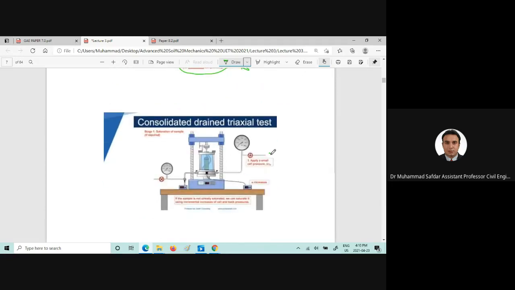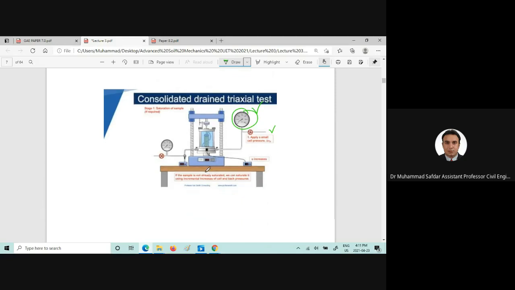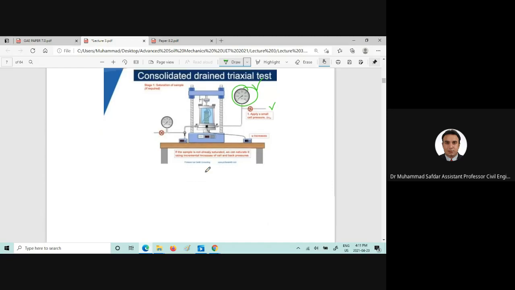We apply a small cell pressure, for example 100 kilopascal or 200 kilopascal or 300 kilopascal, and then we apply the back pressure as well. If the sample is not already saturated, we can saturate it using the incremental increase of the cell pressure and the back pressure.